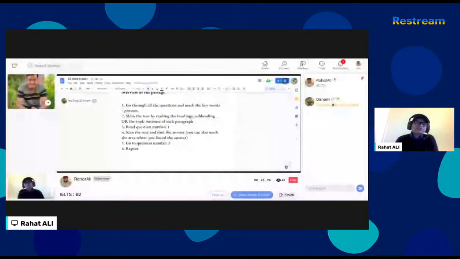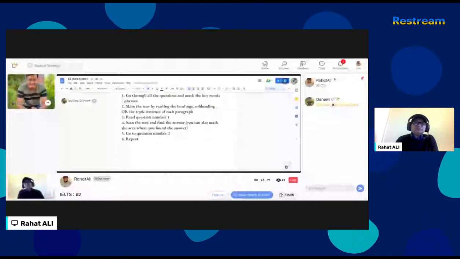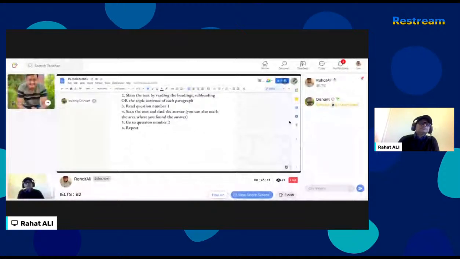Scan the text, find the answer. Okay. Go to the question 2, repeat. So these are some techniques through which you will be able to answer the questions whilst reading.